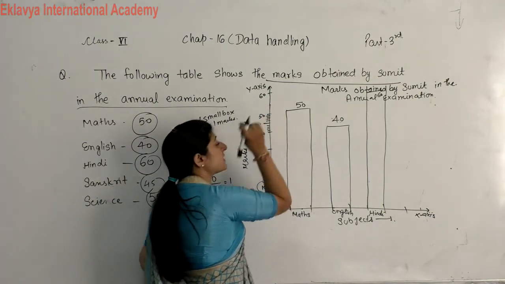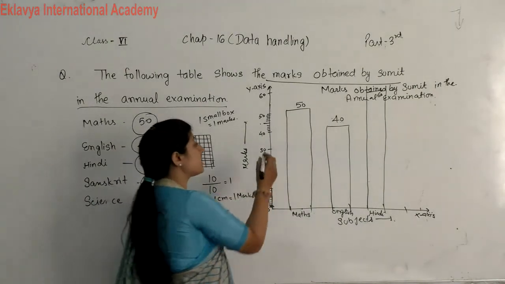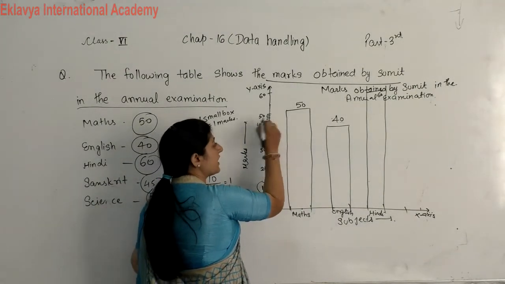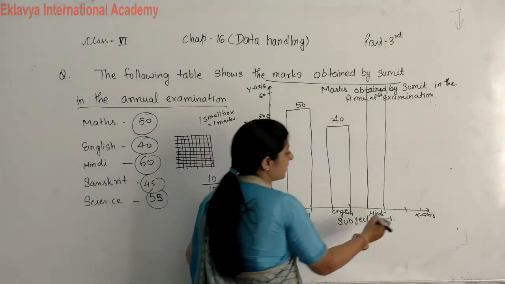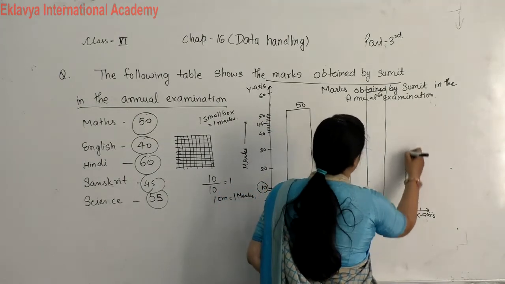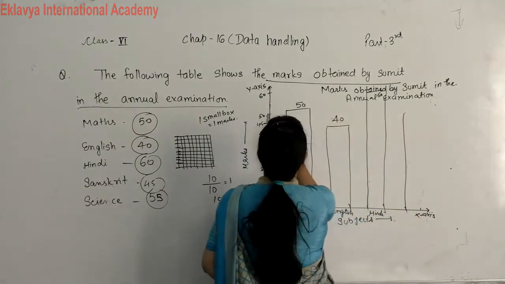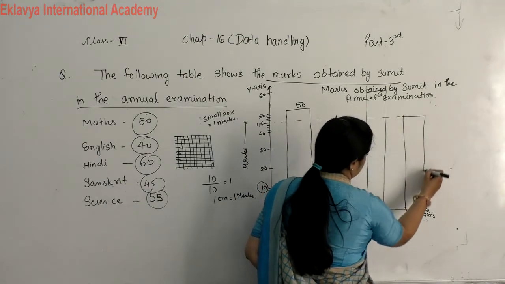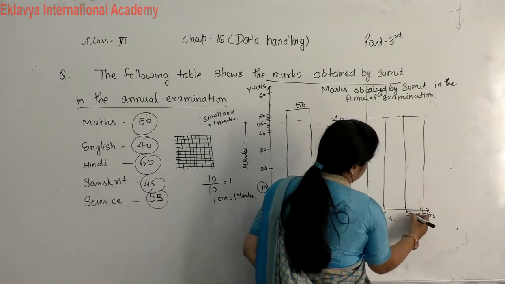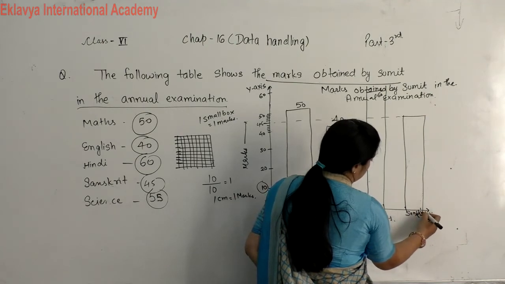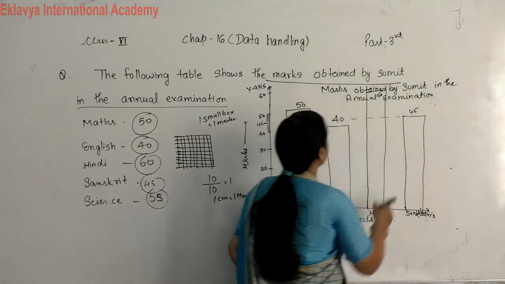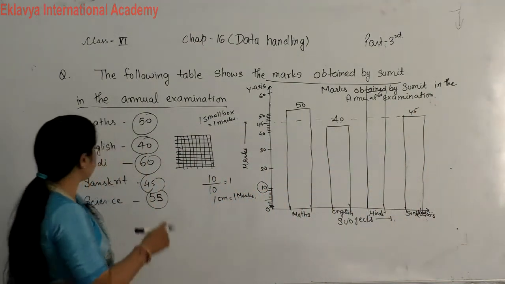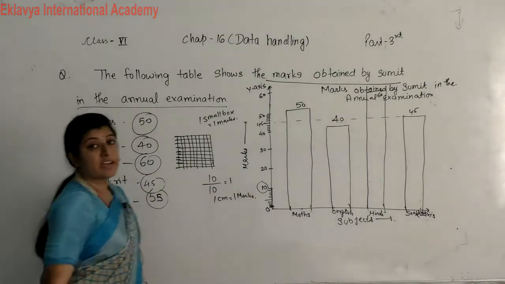Each line is representing 1 mark. It means this is 40, then this one is 45. So till here is Sanskrit marks.